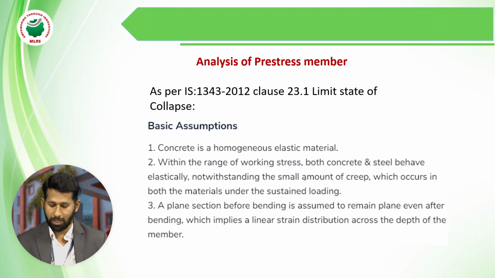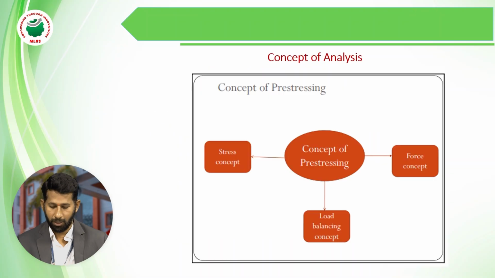Within the range of working stress, both concrete and steel behave elastically, notwithstanding the small amount of creep which occurs in both materials under sustained loading. A plane section before bending is assumed to remain plane after bending, which implies a linear strain distribution across the depth of the member.